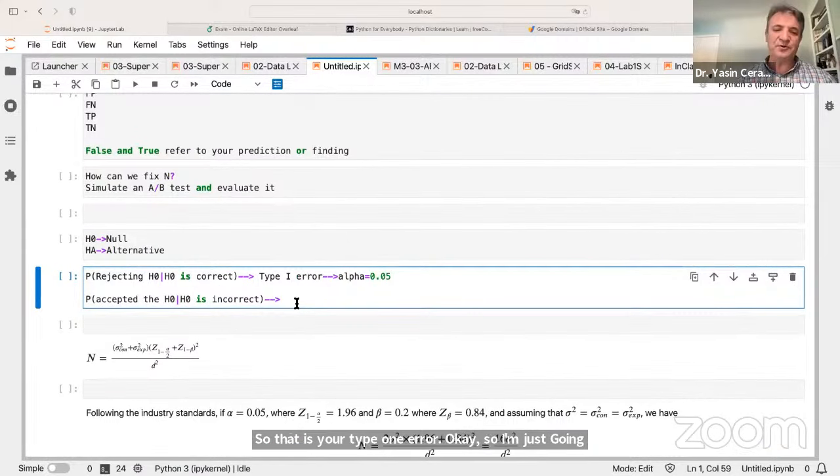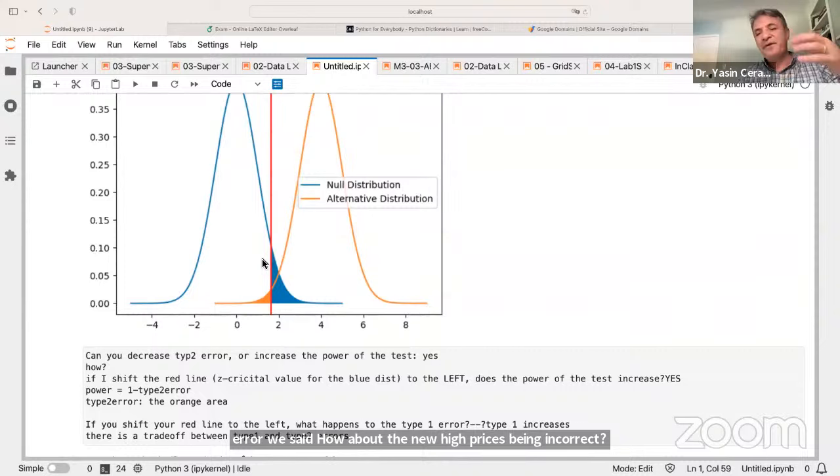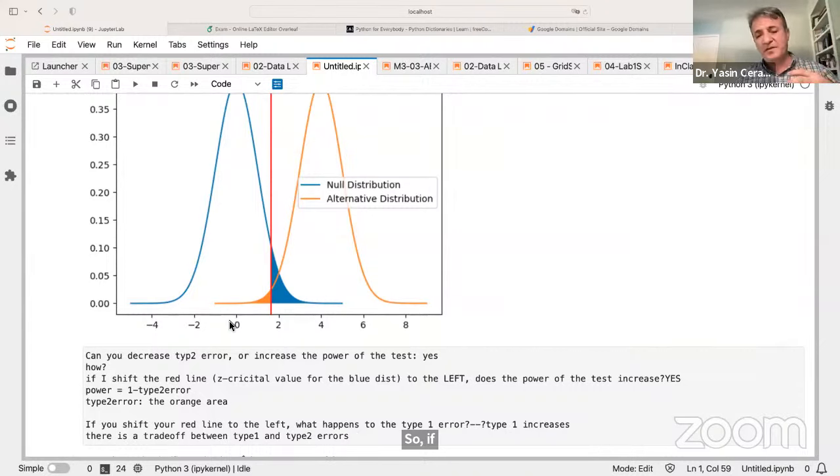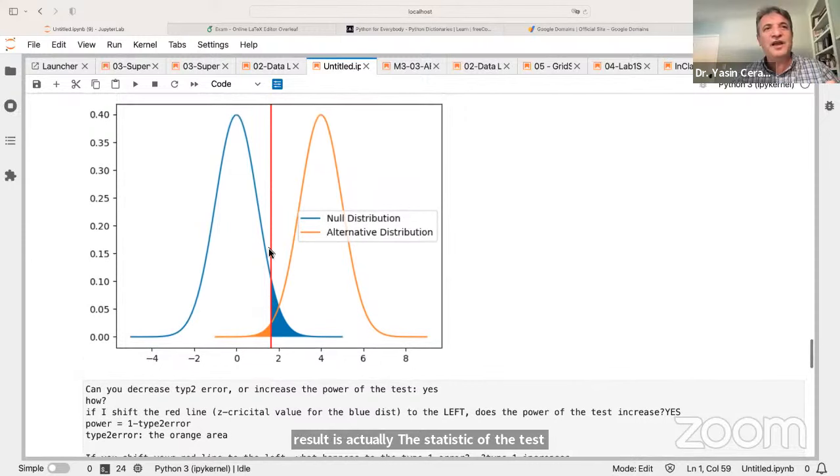How about type 2 error? When we talked about type 2 error, we asked, what about the null hypothesis being incorrect? So if my experiment gives me a result, the statistic of the test, that falls to the left of this red line, please don't look at this orange line for now.